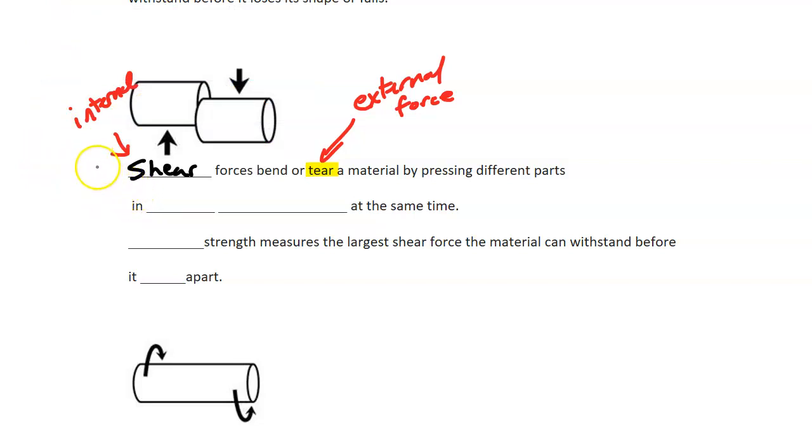And this is done by basically moving pieces in opposite directions at the same time. Now, the shear strength of a material is the largest shear force it can stand before it rips apart. That tearing, again, is the external force, and some things are better able to handle this than others.